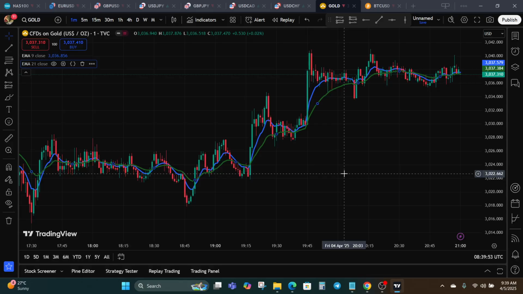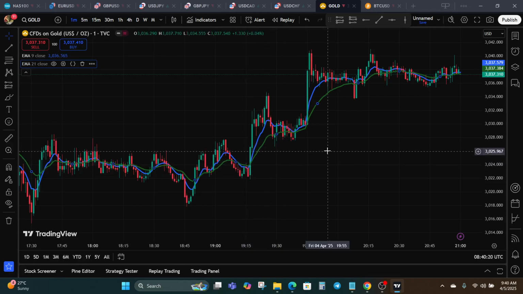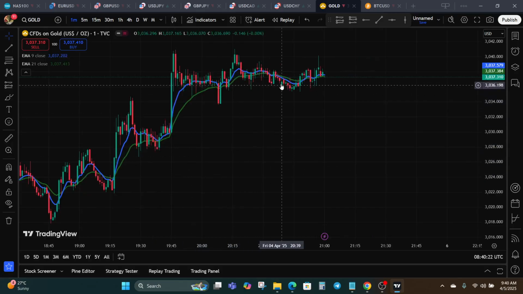The 9 EMA is for quick price sensitivity, while the 21 EMA is for short-term trend filter. When the 9 EMA crosses above the 21 EMA, we prepare for buys. When the 9 EMA crosses below the 21 EMA, we prepare for sells.